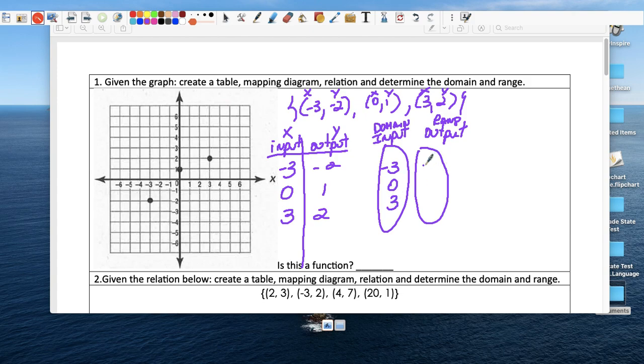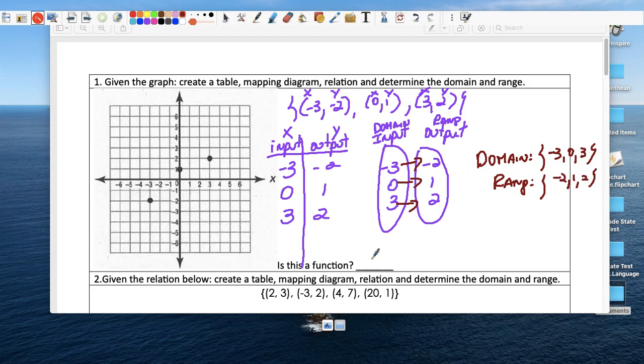Your output was negative 2, 1, and 2. So negative 3 went to negative 2, 0 went to 1, 3 went to 2. Our domain was negative 3, 0, and 3. Our range was negative 2, 1, and 2.